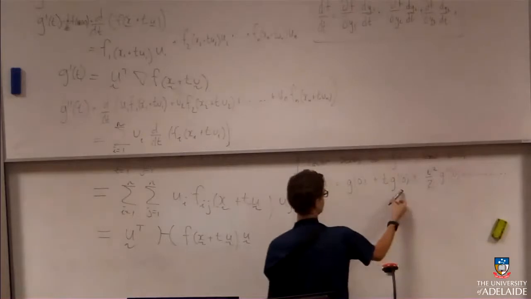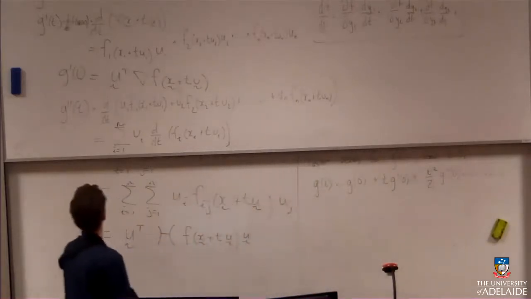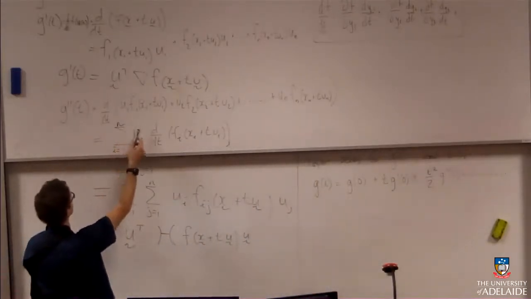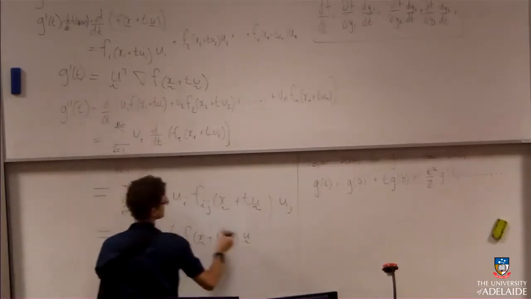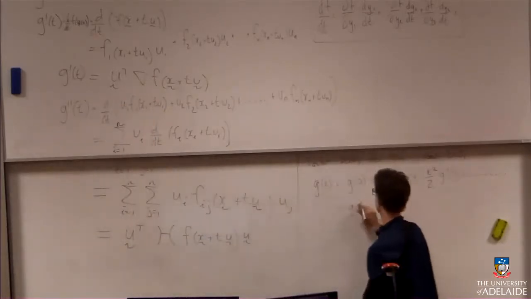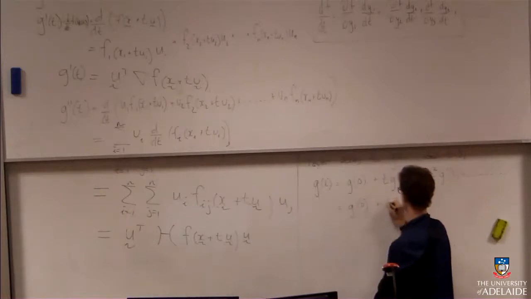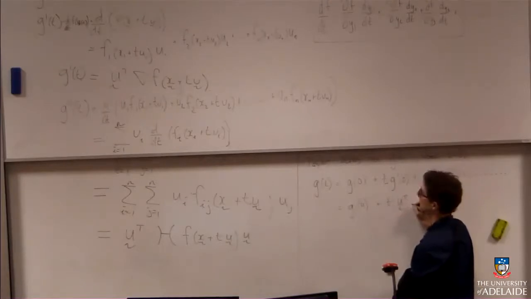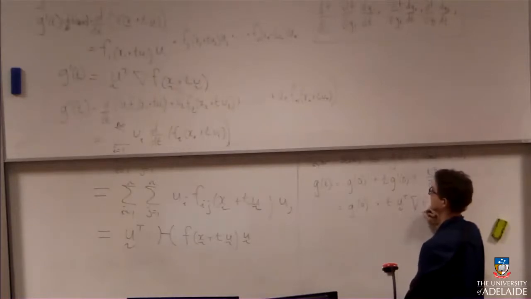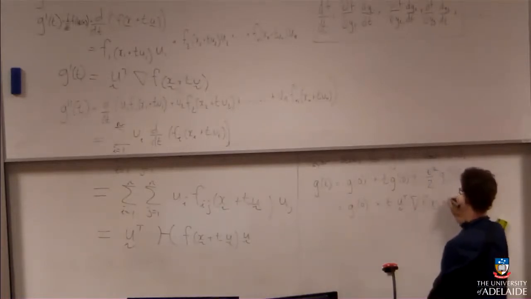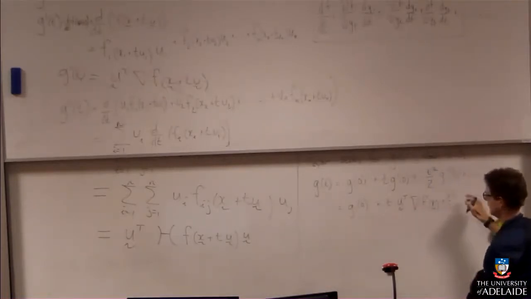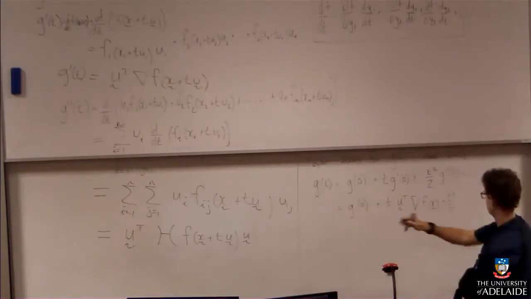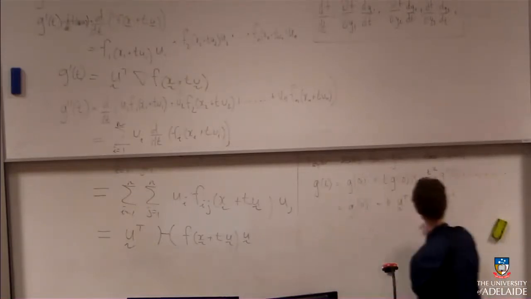Now I know what g prime of 0 is. If I plug in t equals 0 into this, I'll get g of 0 here, plus t u transpose gradient of f of x, plus t squared over 2, and then that g double prime, which is this.